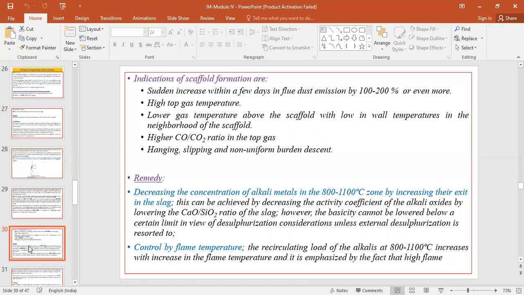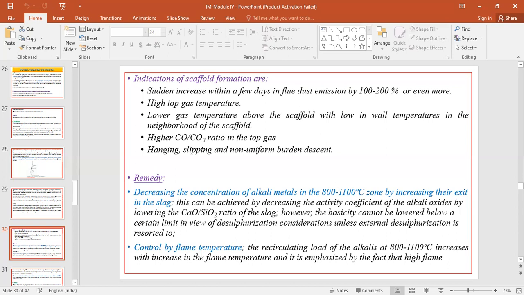This can be achieved by decreasing the activity coefficient of alkali oxides by lowering the acidity of the slag. However, the acidity can be lowered only up to a certain limit in view of desulfurization, unless external desulfurization is available. And the second thing is control by flame temperature.